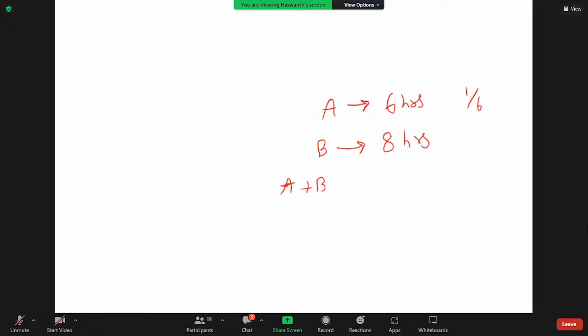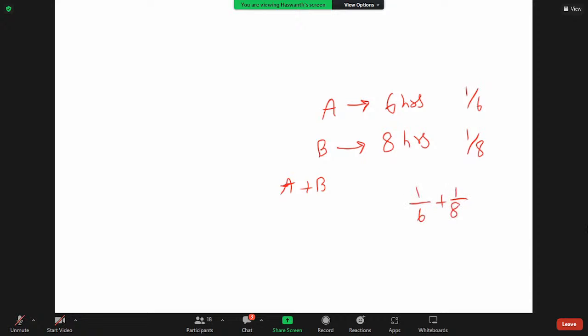If B takes 8 hours, in 1 hour he will be doing 1 by 8 amount of the work. When both are working together, work done in 1 hour is 1 by 6 plus 1 by 8.